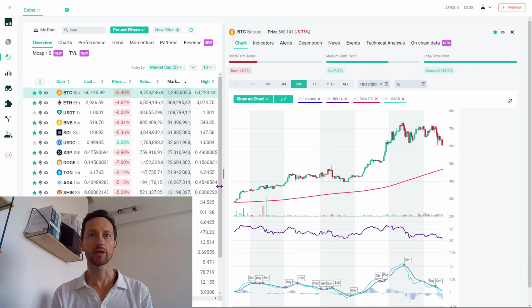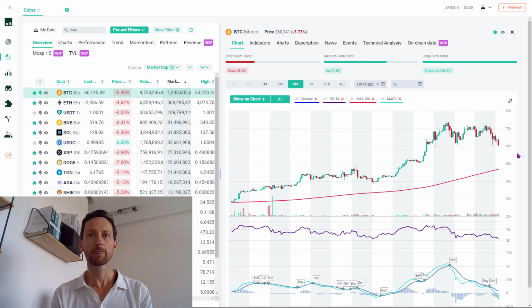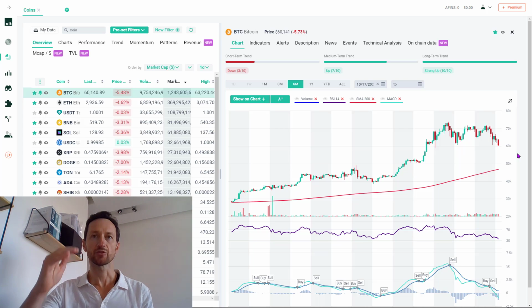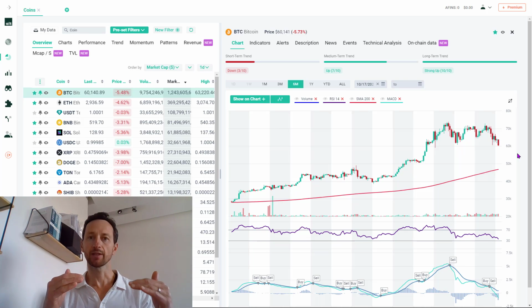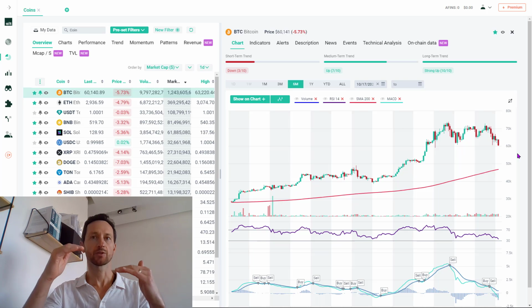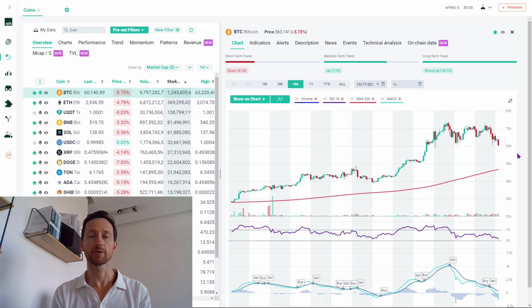And what's a sideways channel, right? Well, when price moves between a support and resistance a few times, it shows that at a certain level there's a lot of buying demand, and then it gets to a certain level where a lot of the sellers show up and a lot of the traders take profits.